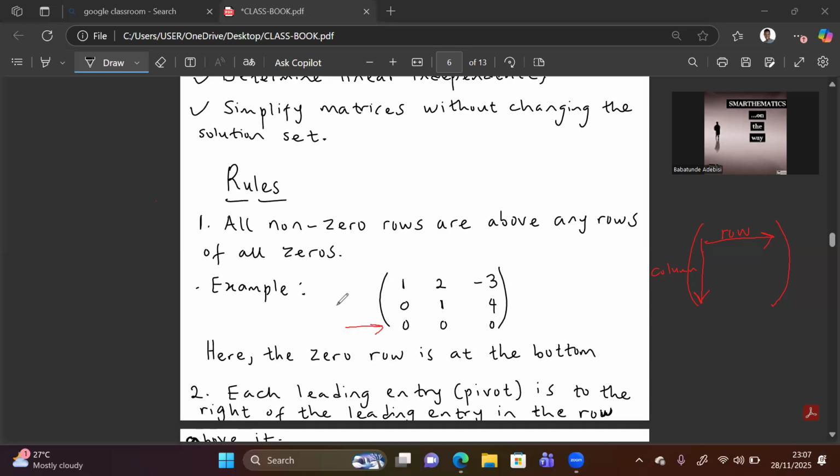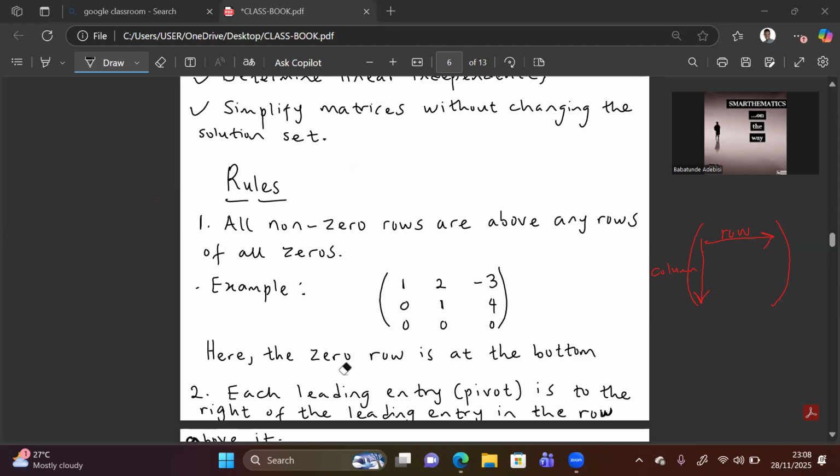The second row is not a 0 row because we can see 1, you can see 4. The first row as well is not a 0 row because we can see 1, 2, minus 3. So this rule is saying that all non-zero rows are above any rows of all zeros. So that's the first rule, and I've given an example of what that is.